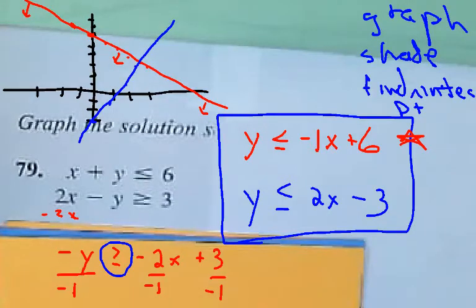All right. So we're shading above that line. So we're shading this direction and this direction and this direction, right? Well, we only want to shade the part that is common. So I'm not going to shade down at the bottom, not going to shade on the right side, not going to shade on the top.